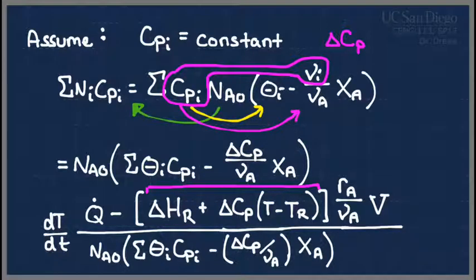The challenge here is that not only is temperature changing as a function of time, but also the conversion of A is changing with time, and typically your reaction rates are also changing with time.